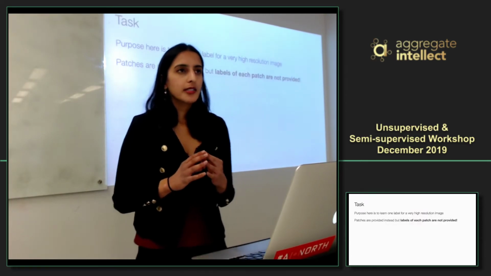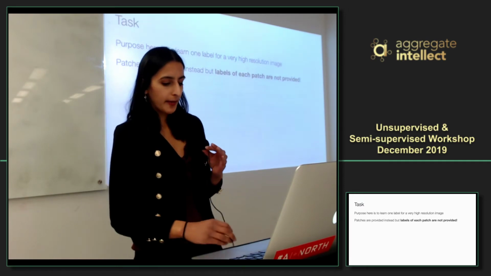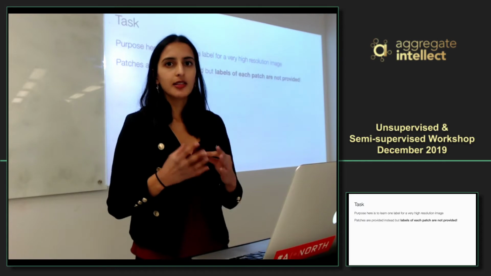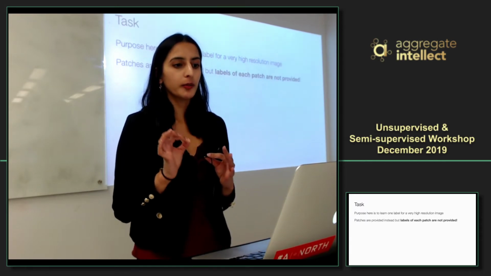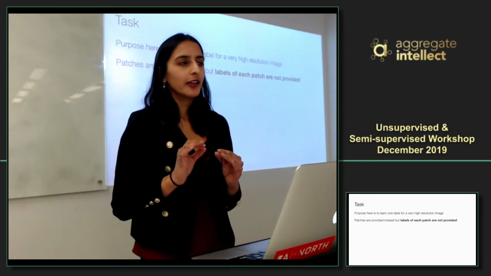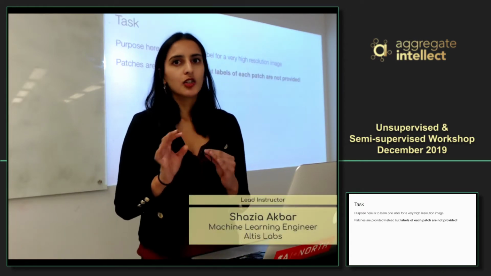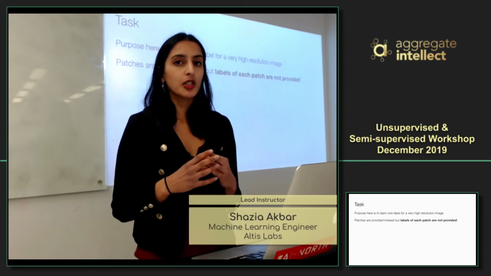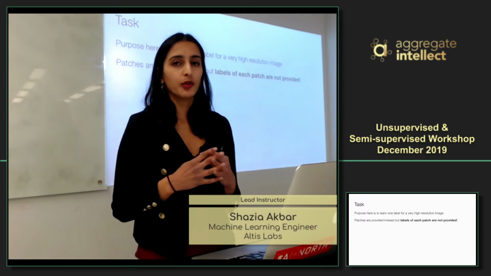So the idea of multiple instance learning is to extract a single label for multiple instances by using a single network. Here the authors describe in the introduction that they're analyzing very high resolution images called whole slide images in histopathology.